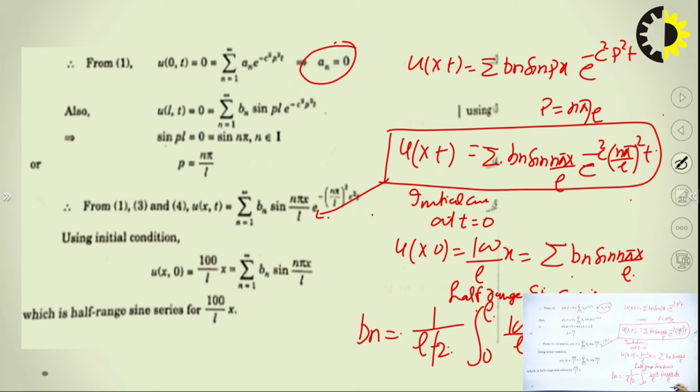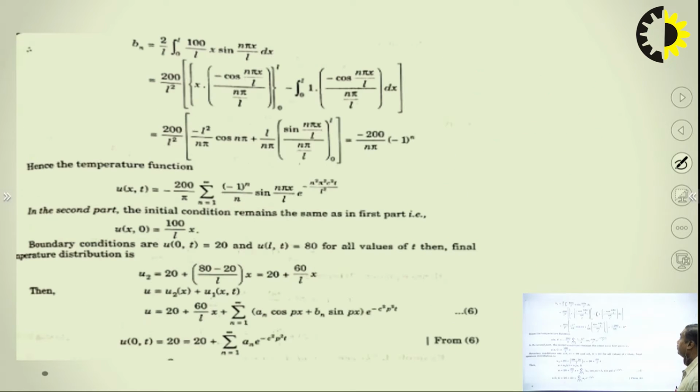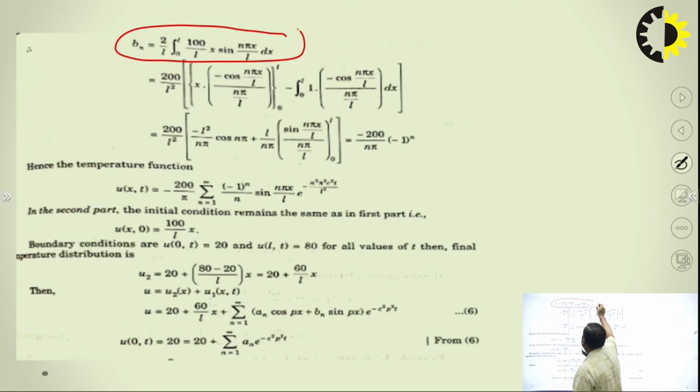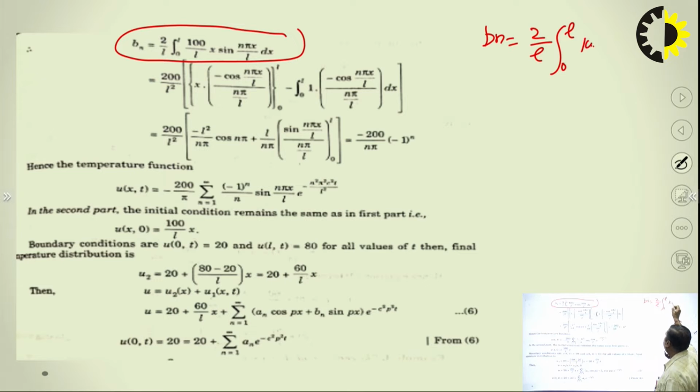ये हमारा हाफ रेंज साइन सीरीज का फॉर्मूला है bn निकालने के लिए, and that is the bn is equal to 2 by L integral 0 to L 100x by L sin(n pi x upon L) into dx. We shall integrate it.